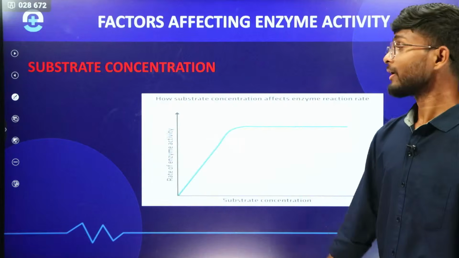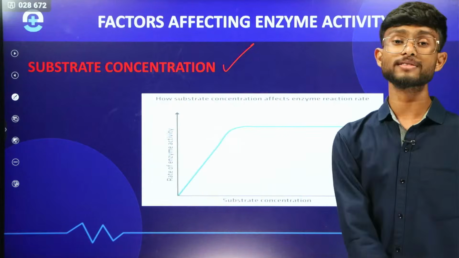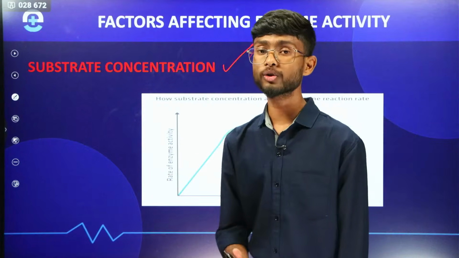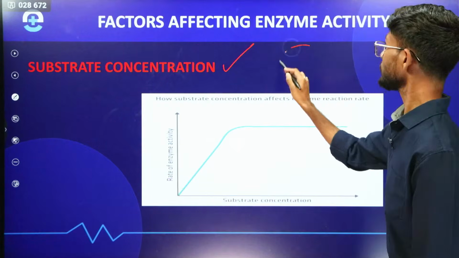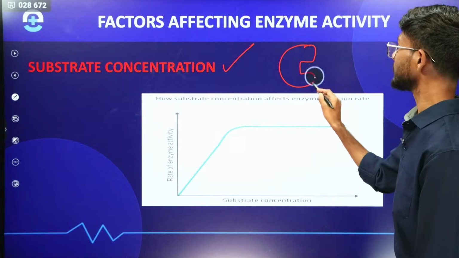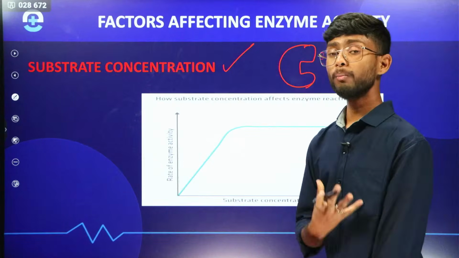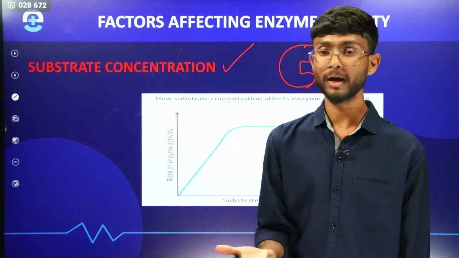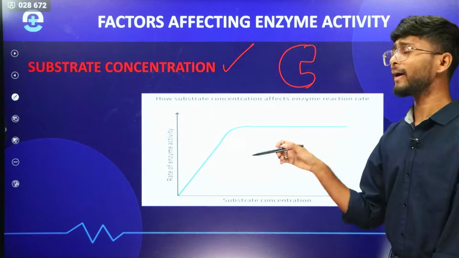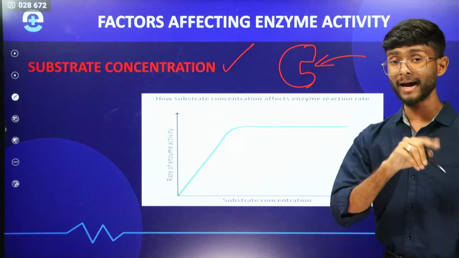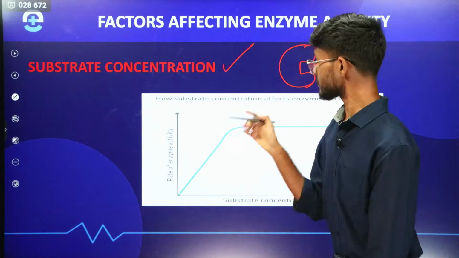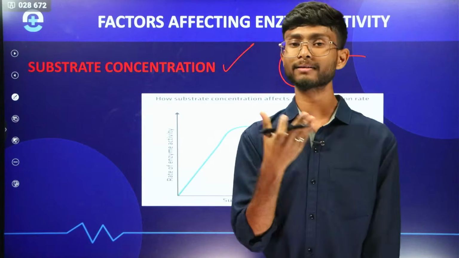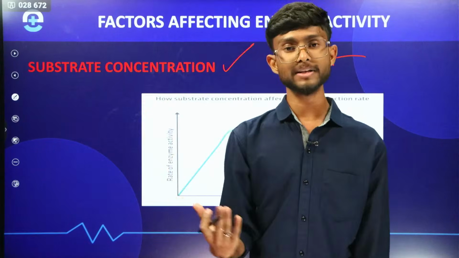And the last one is substrate concentration. What do you mean by substrate concentration? We know that the enzyme has an active site. If more enzymes are present, there will be more active sites. And if you provide more substrate for one active site, what happens? When one substrate binds, it satisfies the active site and completes the reaction.